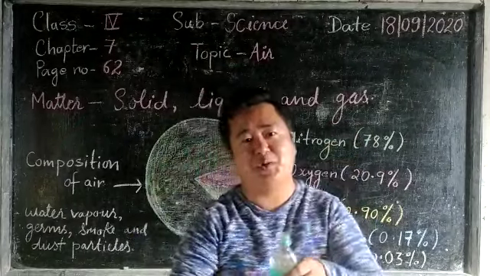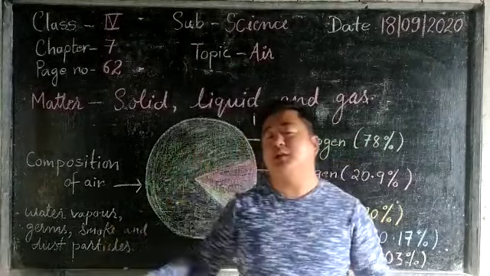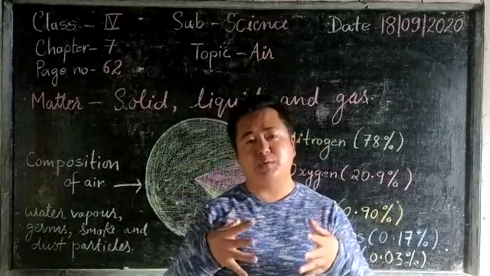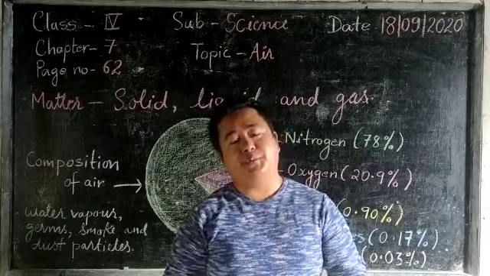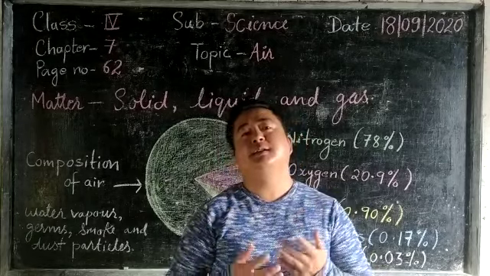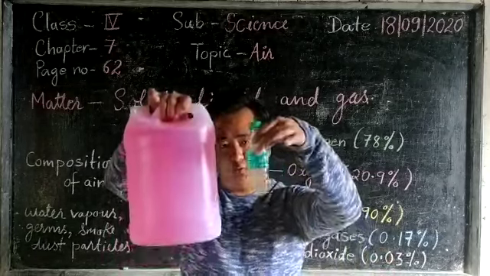So this is about the liquid. The molecules in liquid are loosely connected, so they can flow and they don't have definite shape and size. They take the shape and size of a different container, which I've already shown to you.